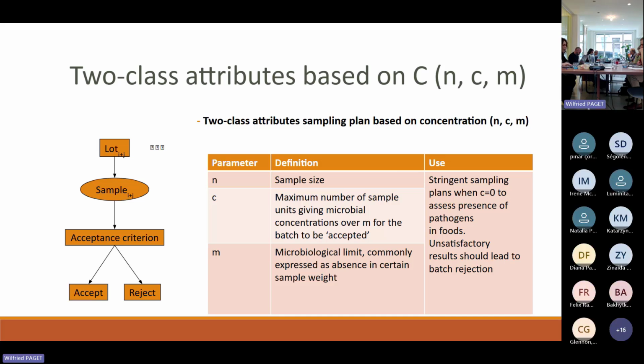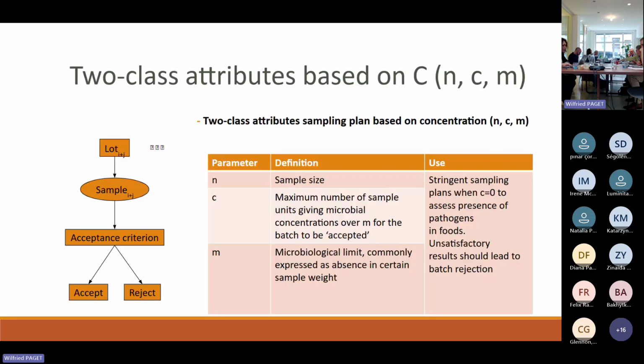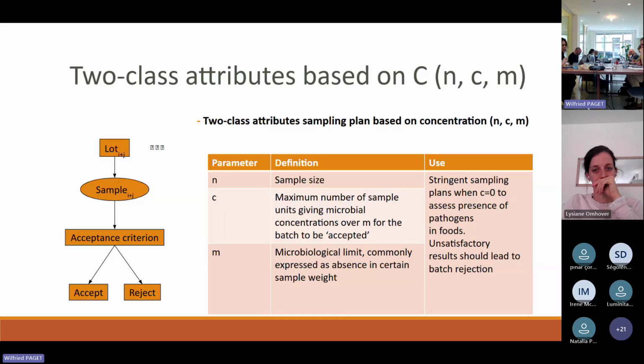And then lastly, I will give some explanation about the 2-class attributes based on concentration. And there you will have one more parameter, which is the microbiological limit, but is commonly expressed as absence in a certain sample weight. Okay, but you may wonder how this is done, and I'll explain later. I have said that the 2-class attributes are based on the binomial distribution.